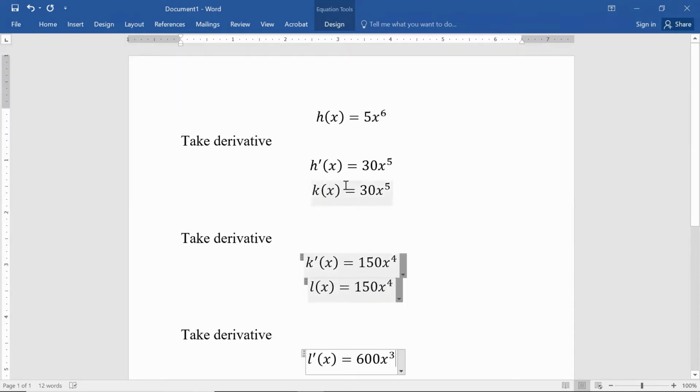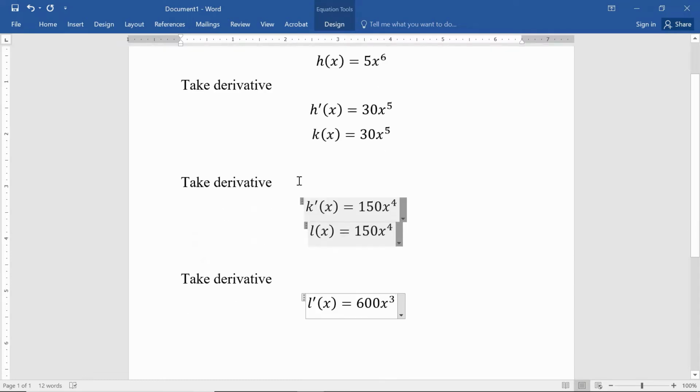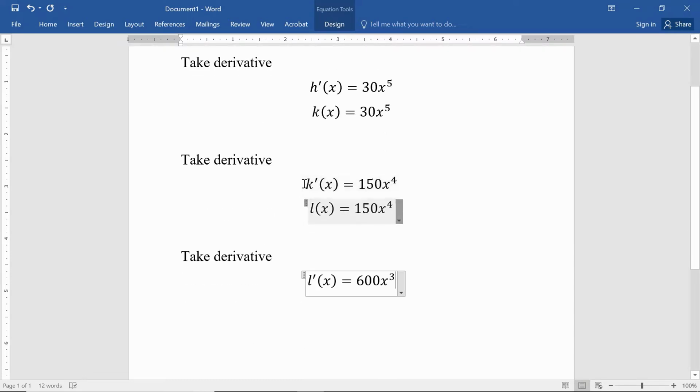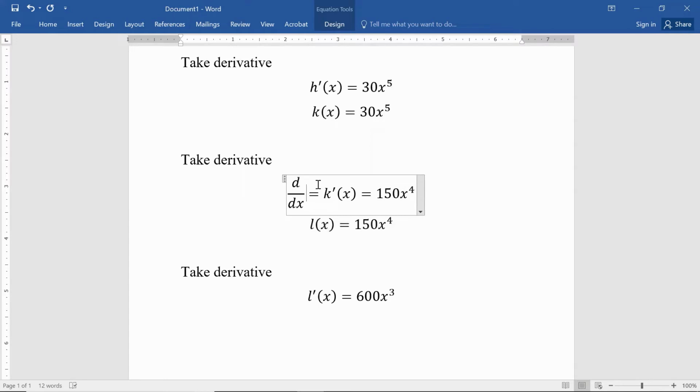Now, what we're finding is called a higher order derivative. Notice that k prime was really just the derivative with respect to x of h prime.